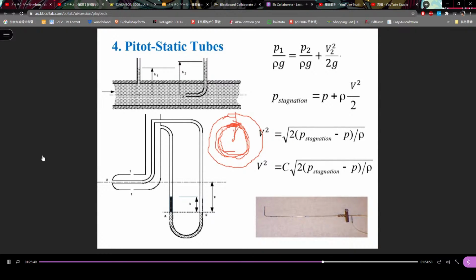Then we get the average or the mean velocity. You understand my point? The student will introduce the details of this measurement in the tutorial next week.